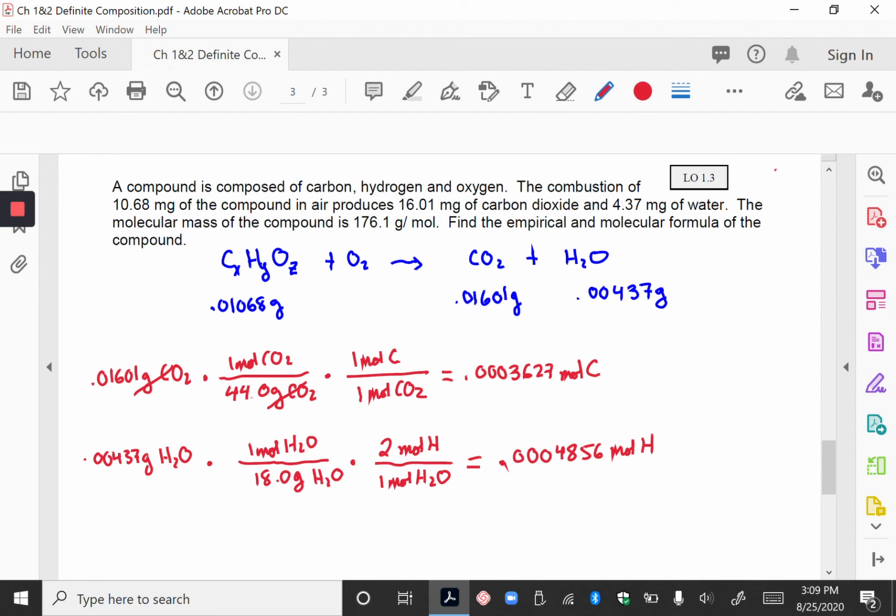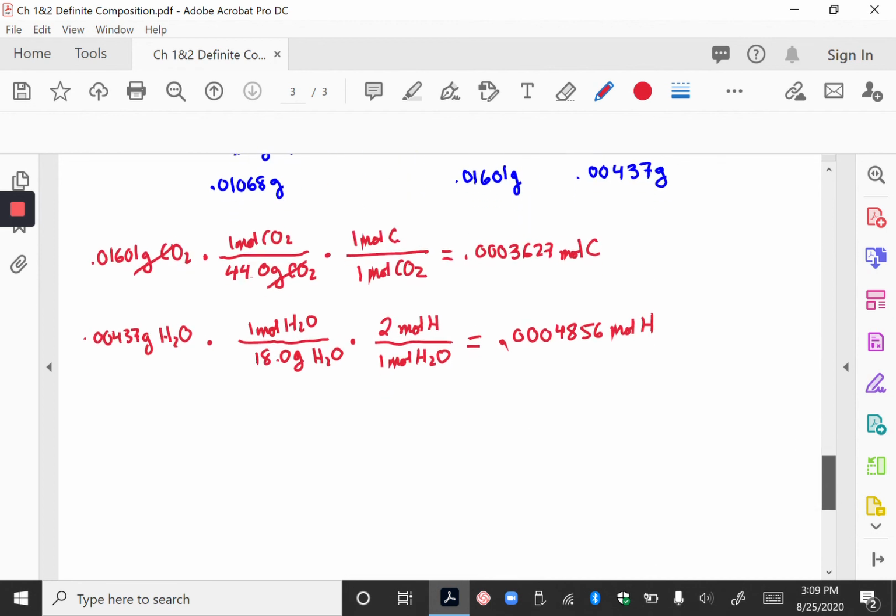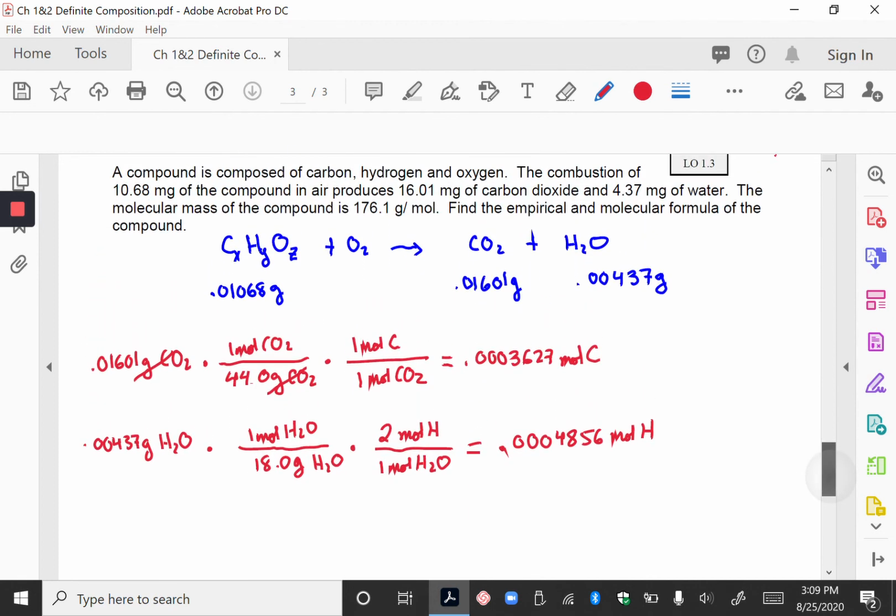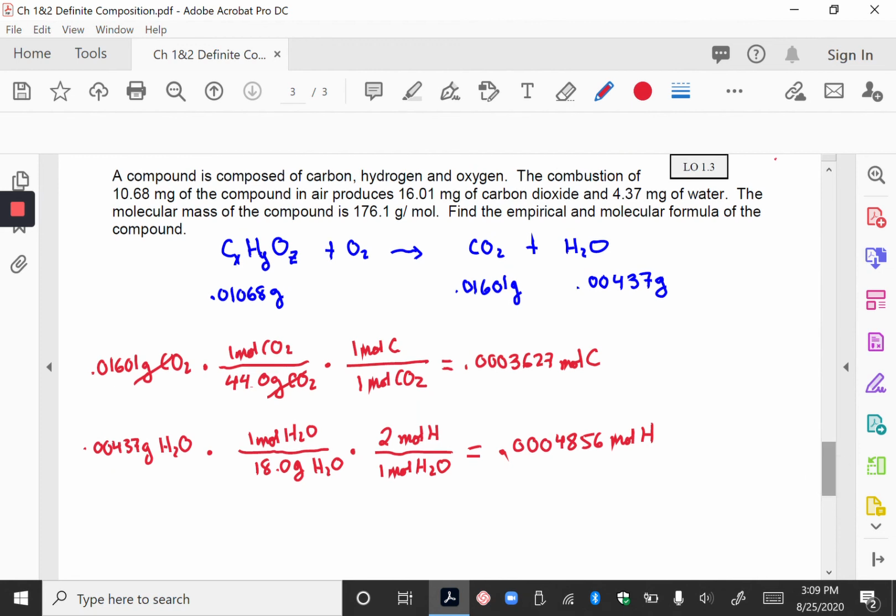All right, great. Next, I need to find oxygen. Now, that one's a little trickier. So, I'm not given the oxygen. I'm trying to find how many moles of oxygen are in my compound, right? I'm not given what this number is.